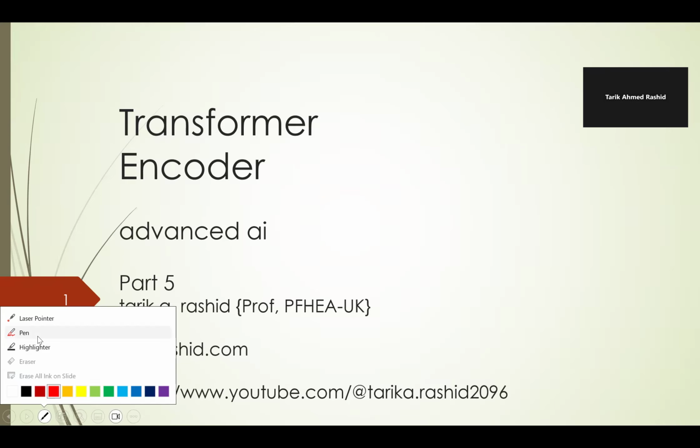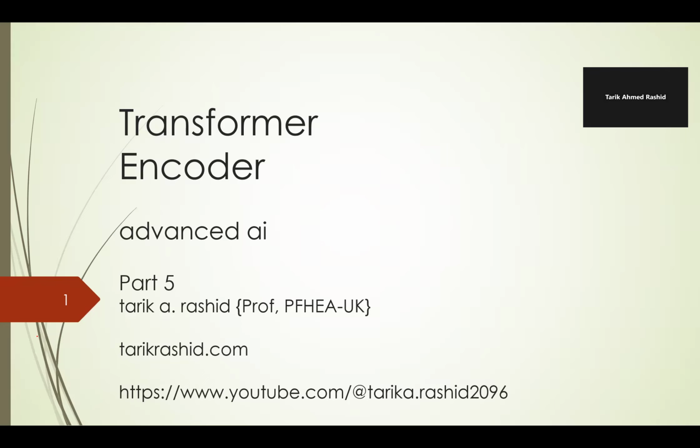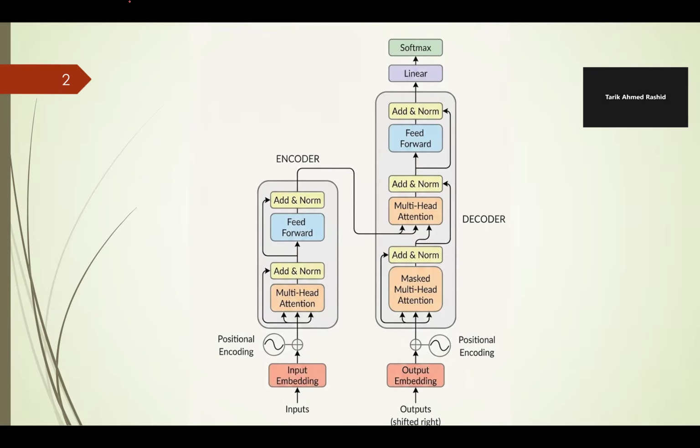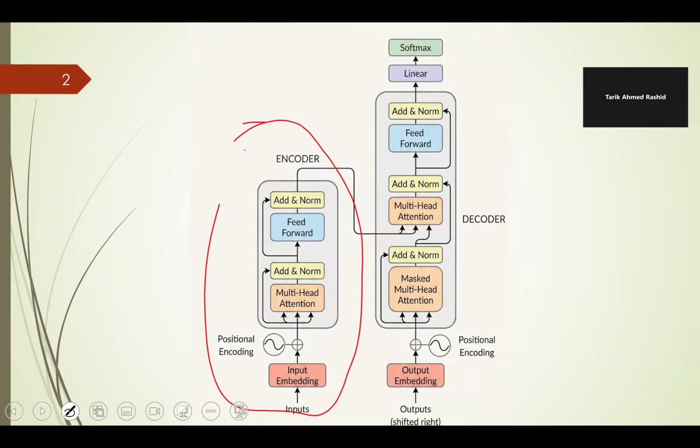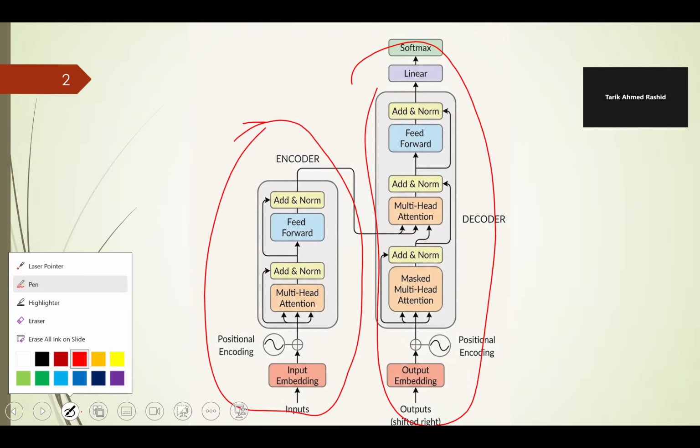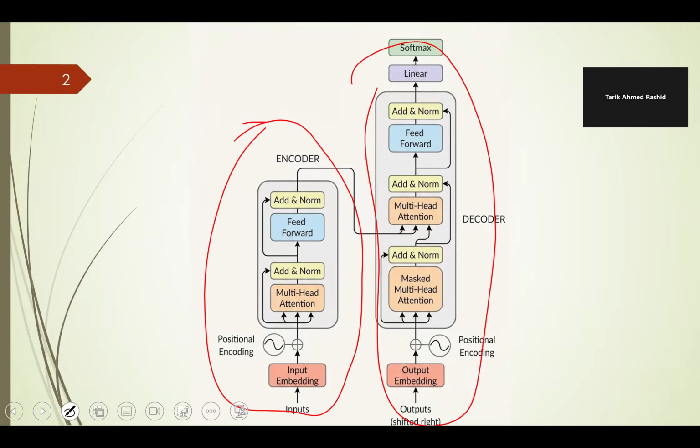We explained them. The first part, just to recall what we had done, we explained encoder in brief with decoder in brief all together. And in part 2, we explained positional embedding with input embedding.